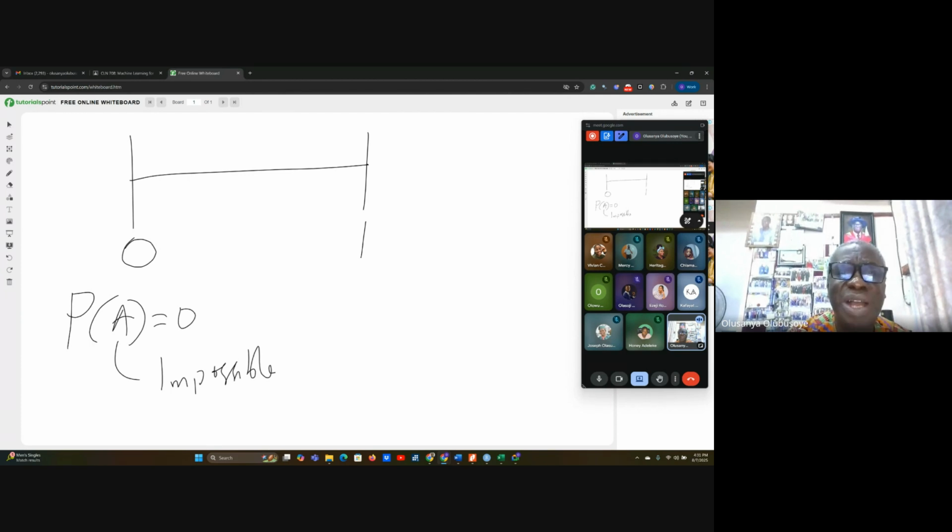When it is 1, let's say I say the probability of B is equal to 1, then it means this event B is certain. So probability is between 0 and 1. It could be 0, it could be 1.